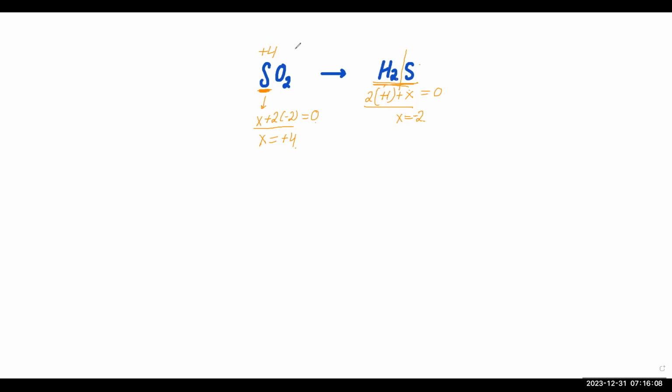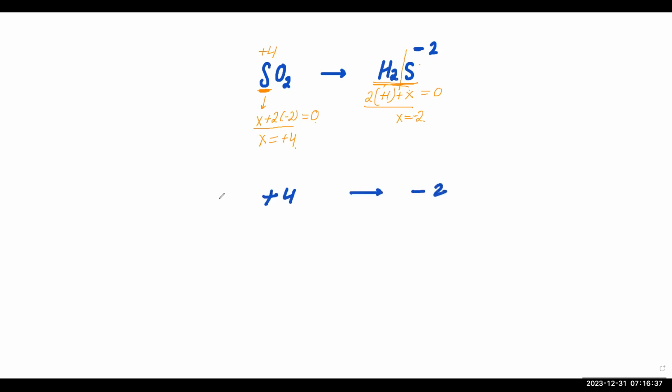Yes, so going from +4 to -2 is reduction. Can you tell me how many electrons sulfur is gaining? +4 to -2. No, no, no. Shrihan, you have to think, do mathematics before you answer anything. Are you going from 0 to -2? You're going from +4 to -2.